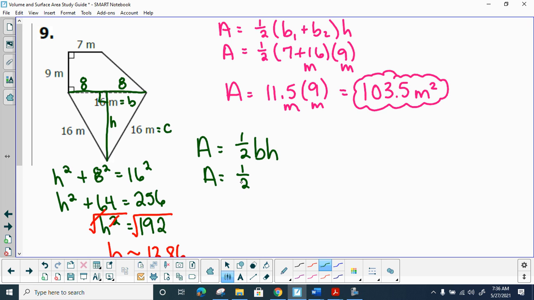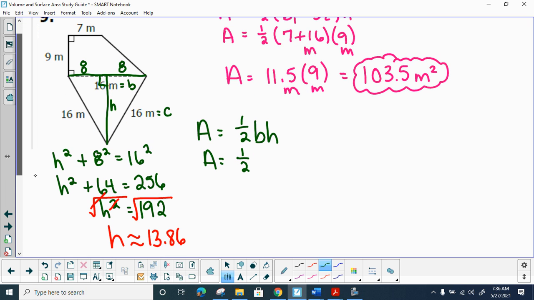That's the number that I will use for the height of my triangle. So the base of my triangle is the whole 16 meters. The height is what I got from the square root of 192. My calculator is remembering it right now for me.